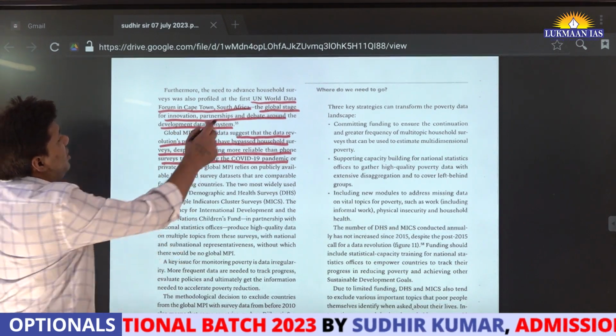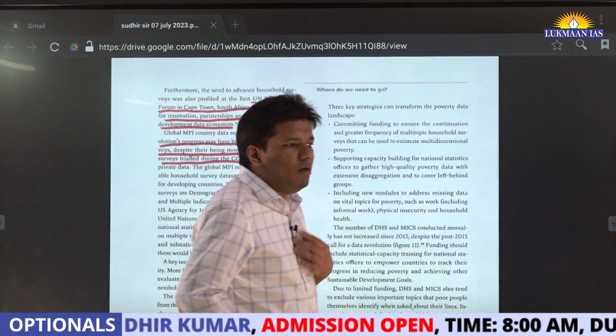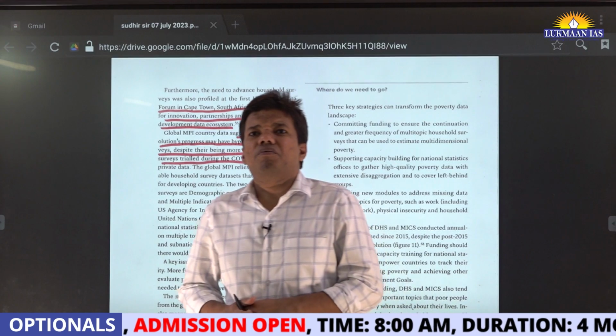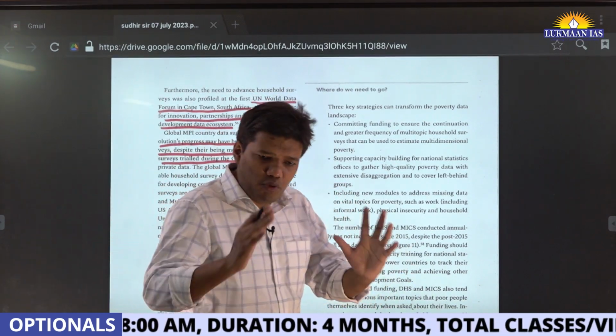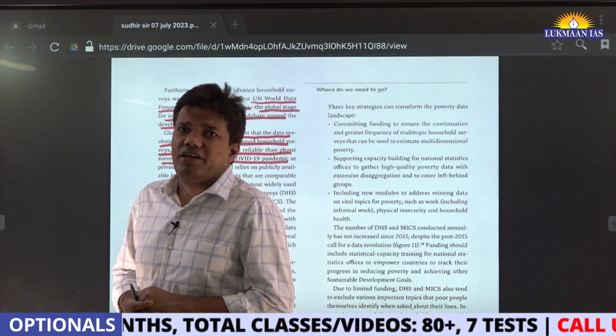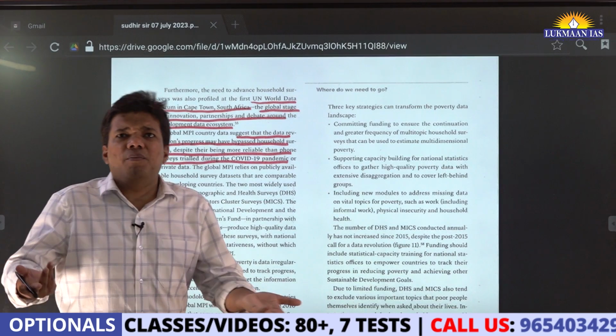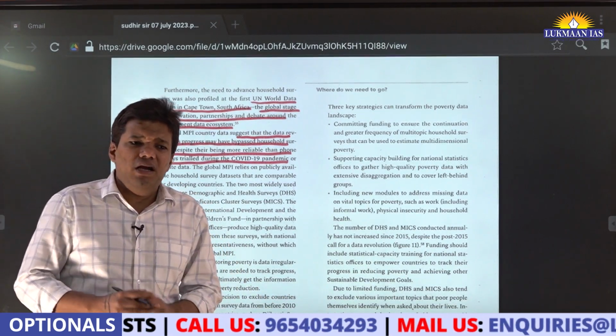It said there is a need to advance household surveys. Statisticians and economists put their time into those surveys, but still the data is not properly collected. Who collects the data? Mainly unemployed youth of rural and urban areas, right? So data collection is a problem.